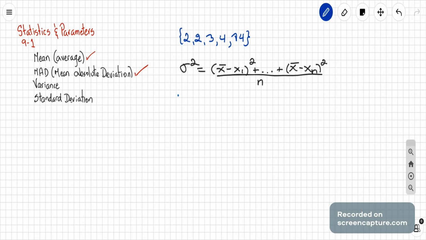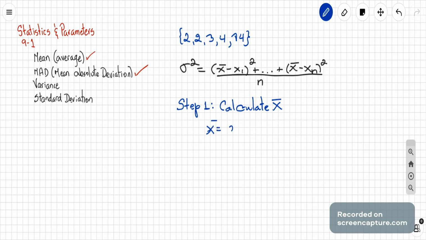So step one would be to calculate the average, or the arithmetic mean. We already know that. We have done it in the past two exercises.